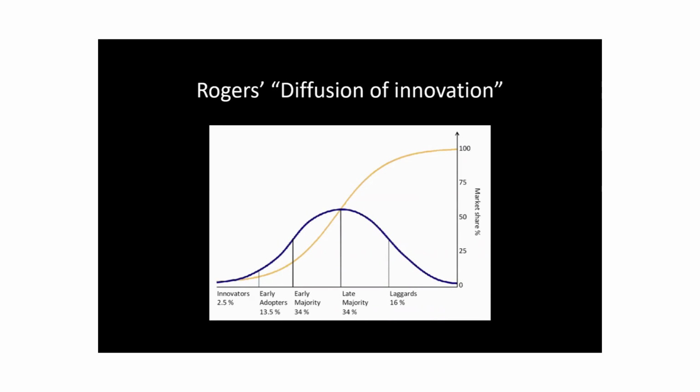So in terms of where we are now, where do you think we are in terms of global Englishes innovation? At what stage? The majority? I would put it here. I really do think it's here.